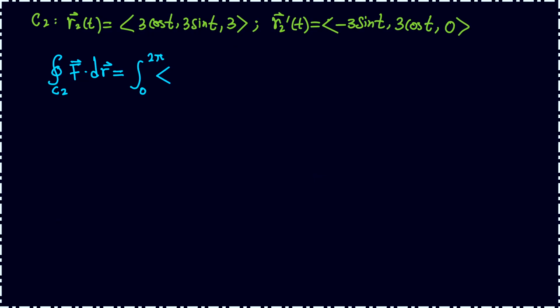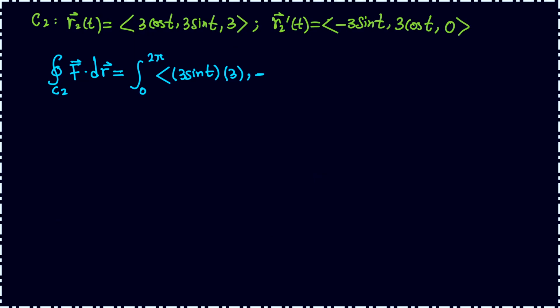So here y is 3 sine t times z of 3. The j hat component is negative xz.